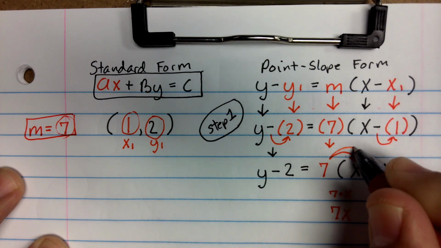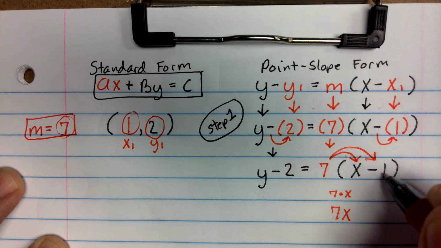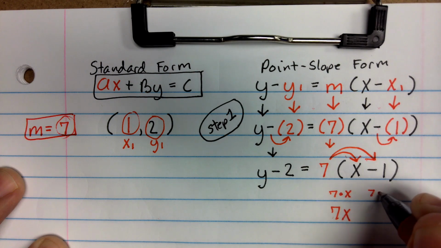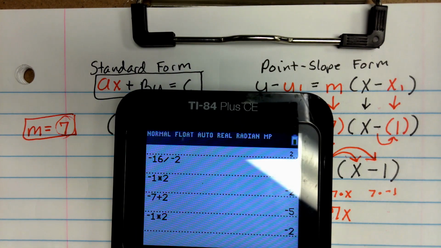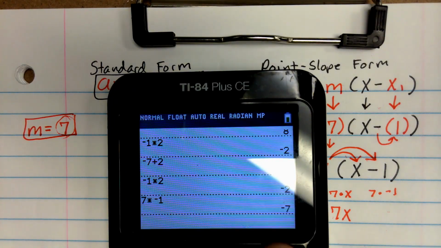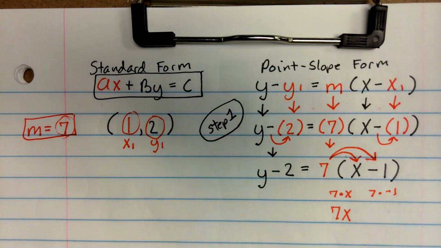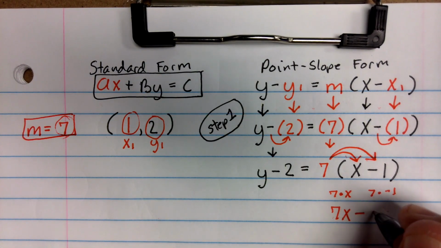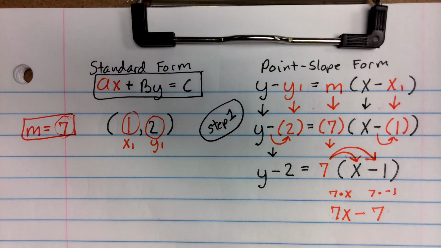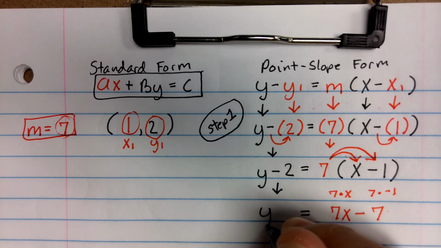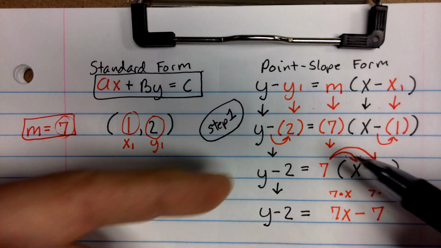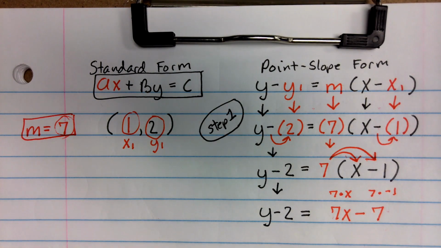Then I'm going to take that 7 and multiply it to this negative 1 right here. So 7 times negative 1. If you weren't sure about the sign, you could just type it in the calculator, right? 7 times negative 1 gives me negative 7. So this becomes minus 7. I'm going to bring down my equal sign, and I'm going to bring down this y minus 2. We haven't done anything to it this round, right? We just distributed, and that was it.